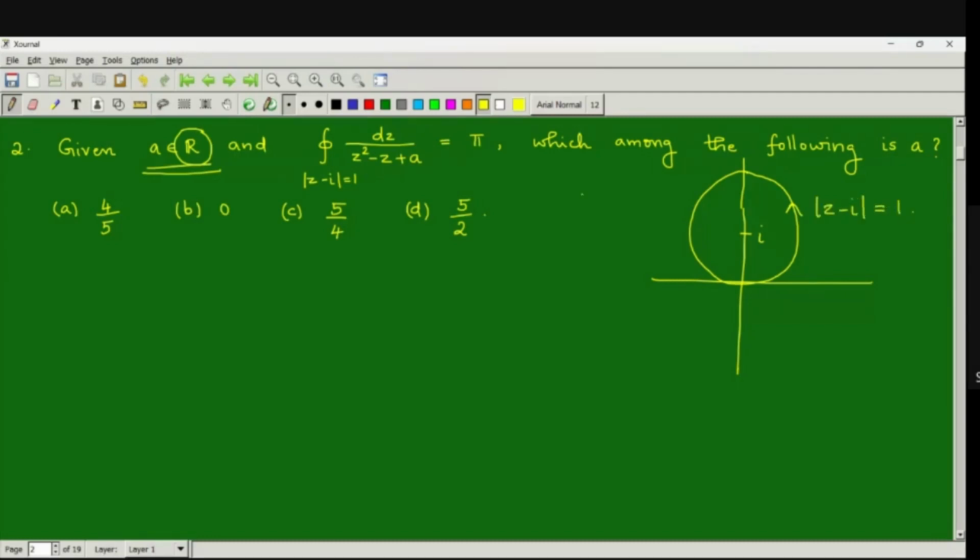Now what is the question? When we are integrating this function, what is that function? f(z) is equal to 1 by z square minus z plus a on this circle, then it is going to give me pi. Now we need to find the value of a.